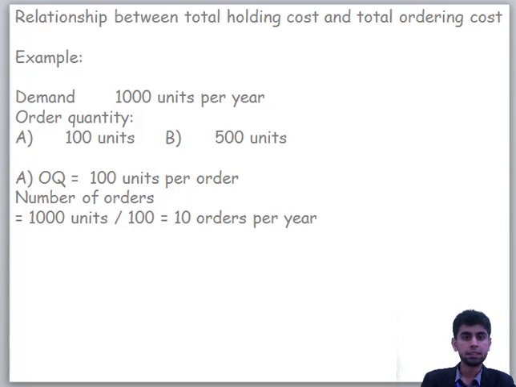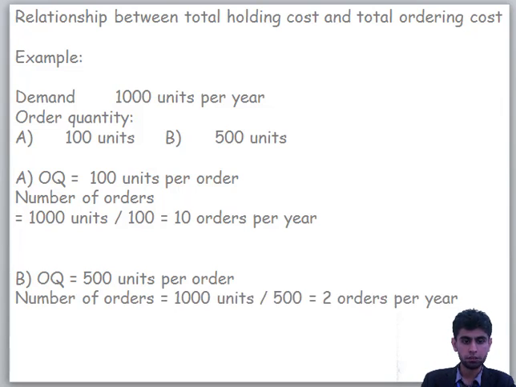Similarly, in the second situation, how many orders are we going to make? Number of orders is equal to 1000 units divided by 500 units for every order, and that gives us 2 orders per year.